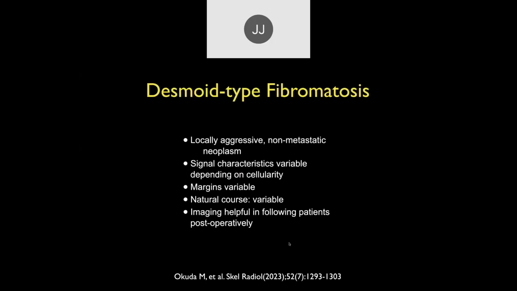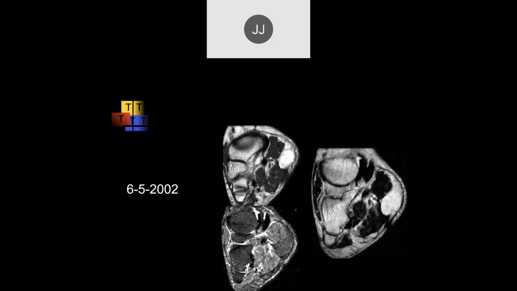John, from an orthopedic standpoint, the main thing about these lesions is that they have a tendency to recur. So when you do excise, you better tell the patient that's a great possibility.